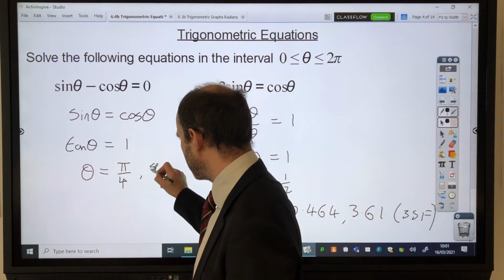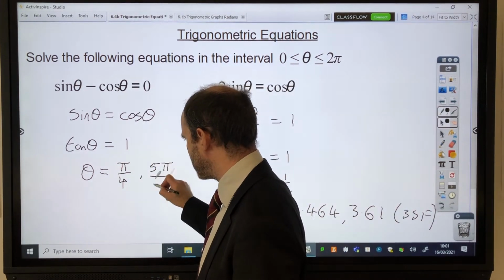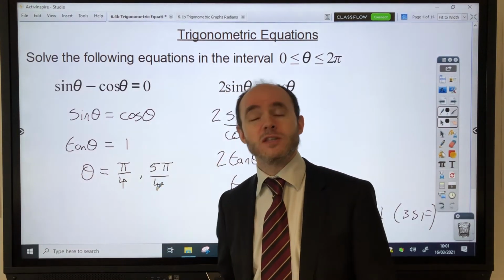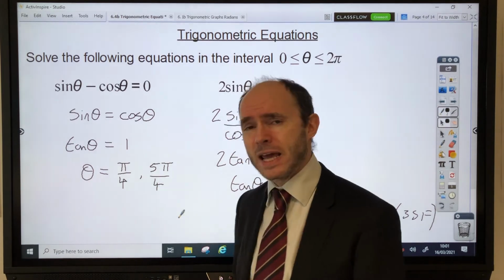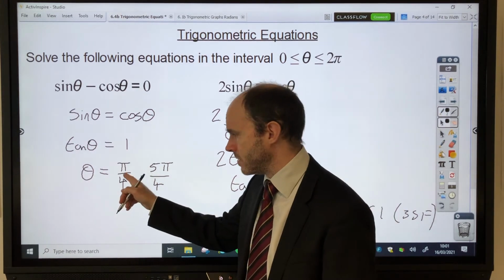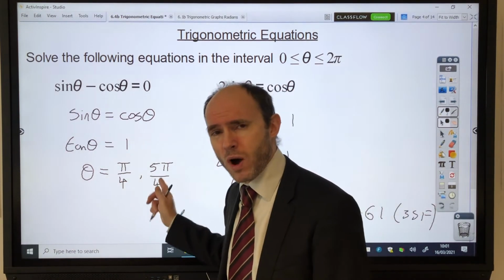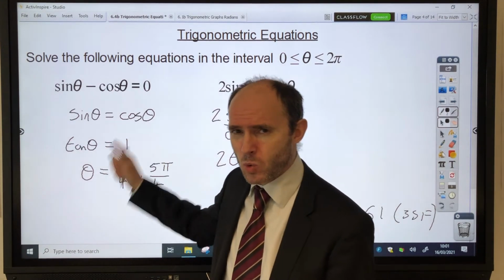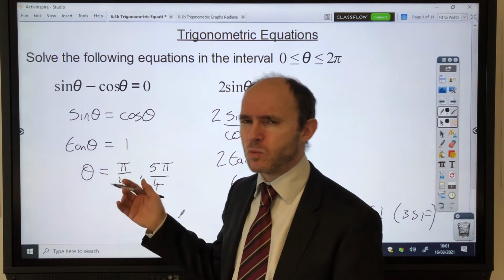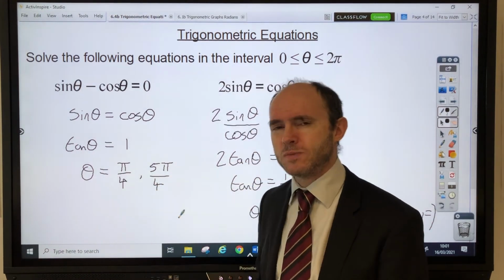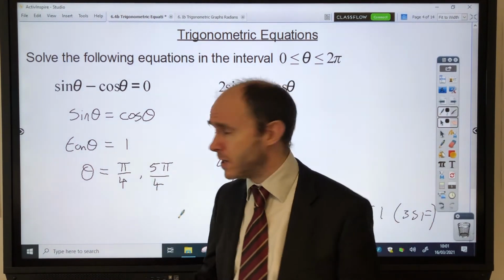And the done thing is to write it as top-heavy fractions. The preferred way of writing our values is top-heavy fractions. Little hint of that, when you're adding pi to that, just think of adding 1 to a quarter. So a quarter plus 1. And of course, to do that, you can do a quarter plus 4 quarters, which is 5 quarters. So 5 quarters pi. So that's the first couple done.